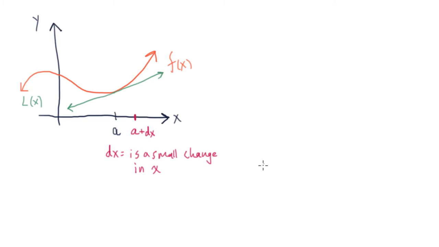So what can we do? Here's what we can do. Of course, here is f of a. And if we kind of follow this up, put this here. So this is like f of a plus dx right here.